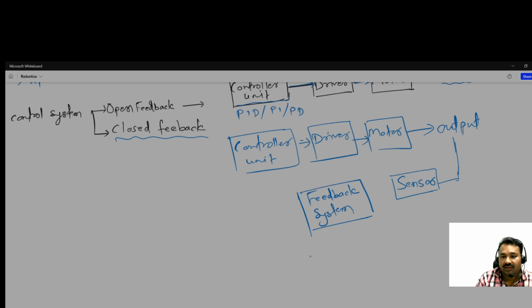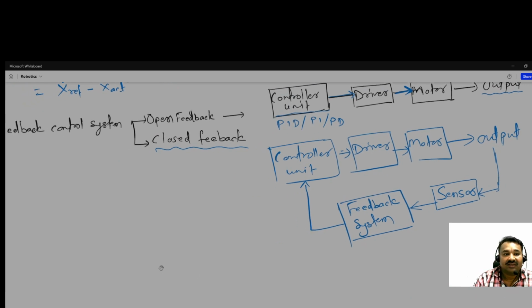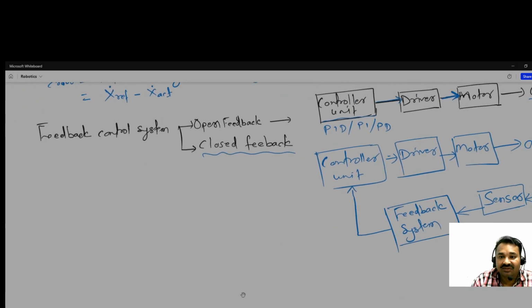It is given back, the direction will be like that, and it is given back to the controller. So this comes under the closed feedback system. There is a feedback system which controls the error and the signals, whether the signal has to be modified, whether it has to increase or decrease. Signal means whatever the torque signal or force signal. So this is the feedback control system.